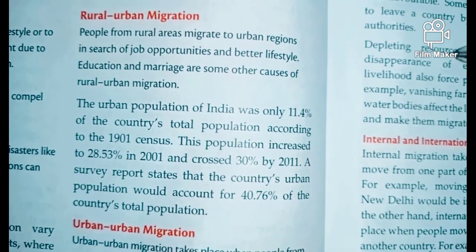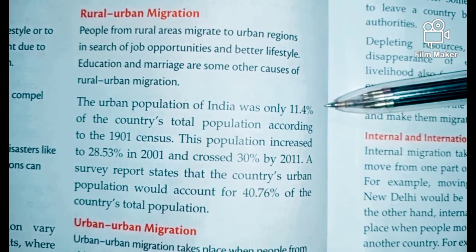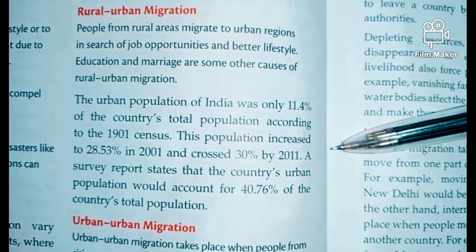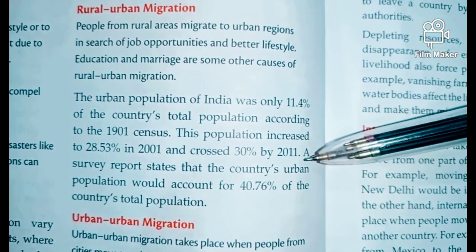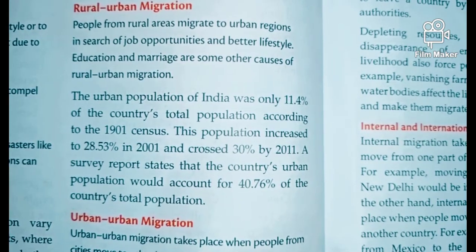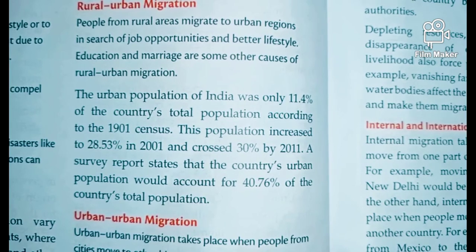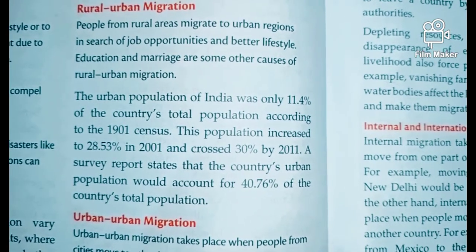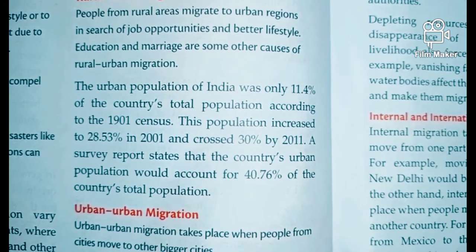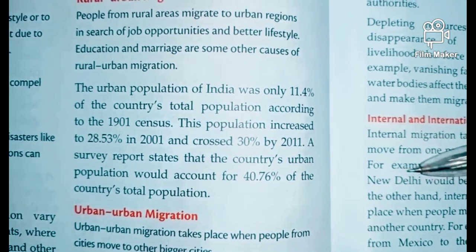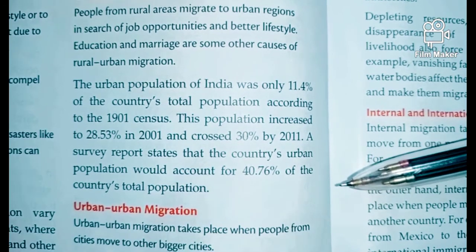The urban population was 11.4% in 1901. Now in 2011 it has crossed 30%. So we can understand that more and more people are migrating to cities from villages, and by 2020 approximately 40% of the population could be living in urban areas.